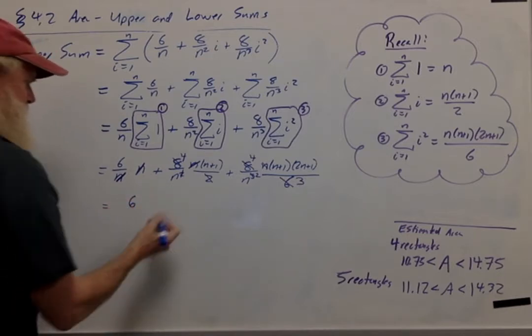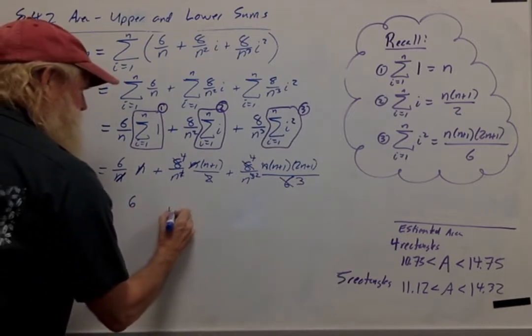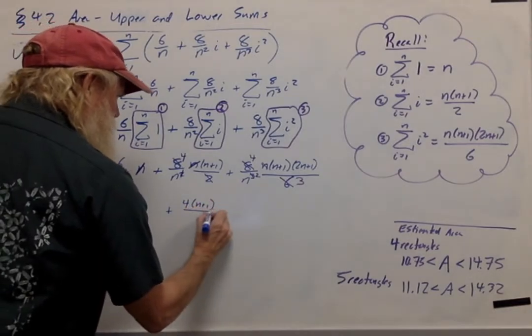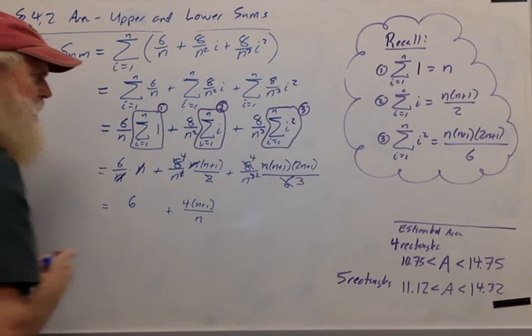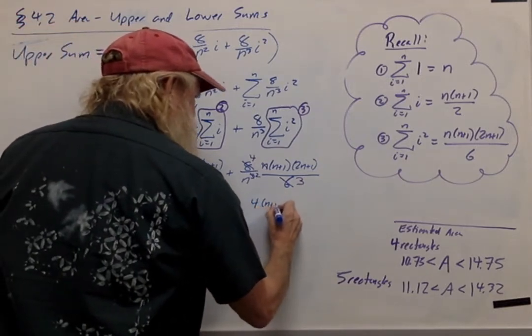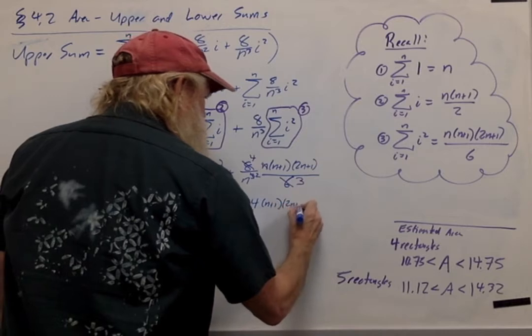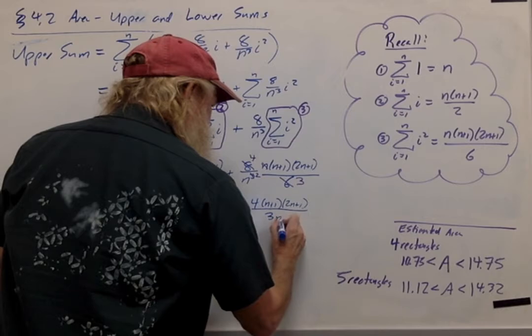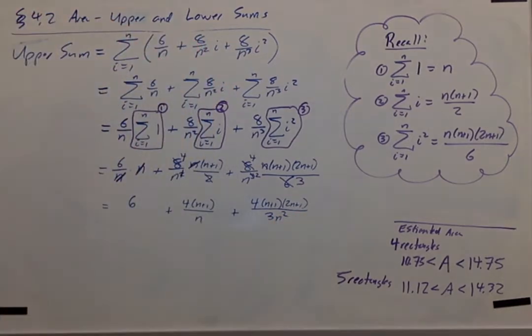We have 6 plus 4 times n plus 1 over n plus 4 times n plus 1 times 2n plus 1, all divided by 3n squared.